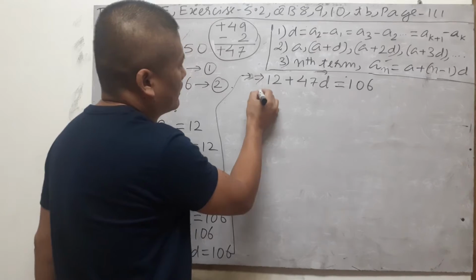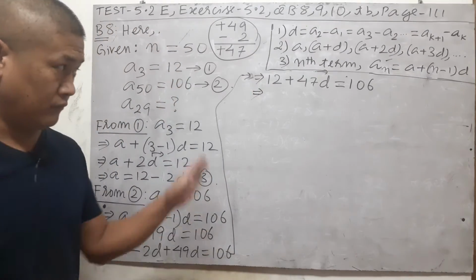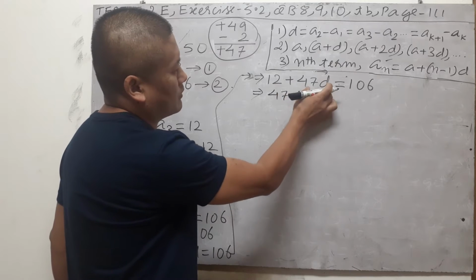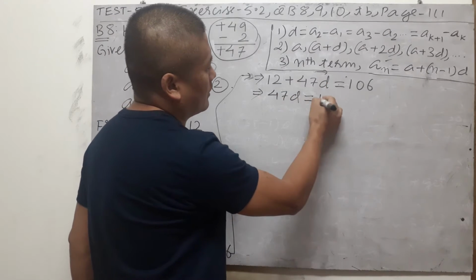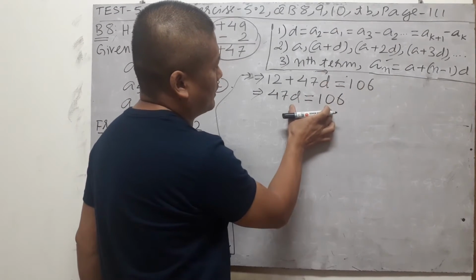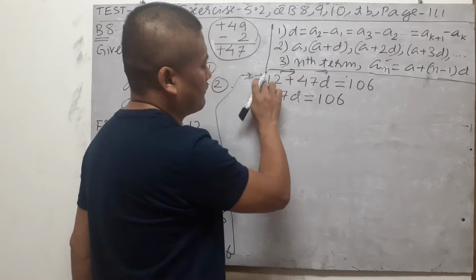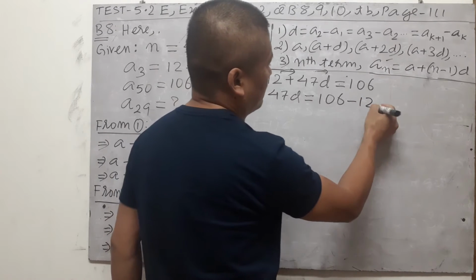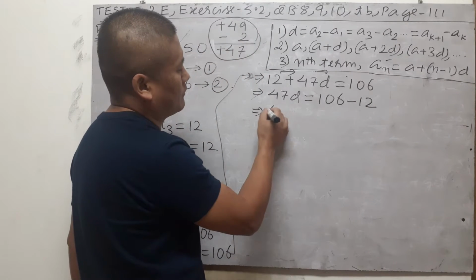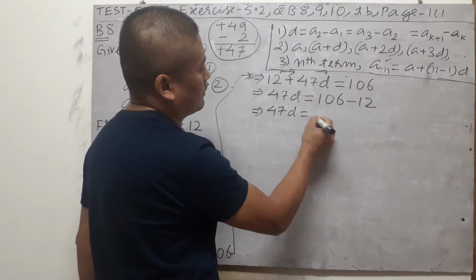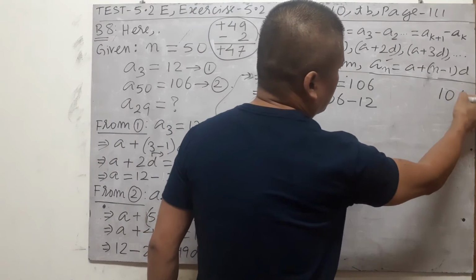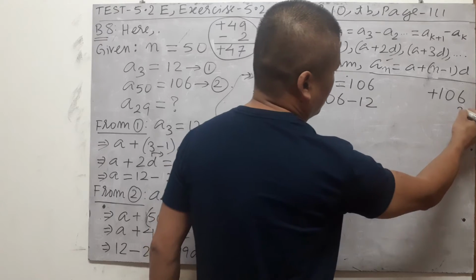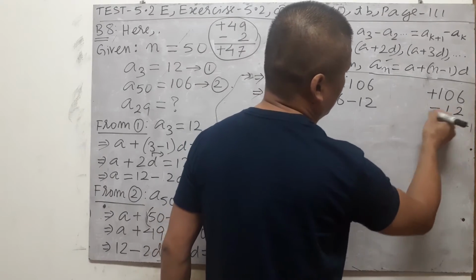So just go through the simplification process carefully and we'll get our answer. So we have here 47D, the term containing D. Just keep it as it is, and shift this 12, with no sign in front meaning plus, to the right side, where it becomes minus 12. So that gives you 47D will be equal to 106, the bigger absolute value having no sign in front, meaning plus, and 12, the smaller absolute value, having a minus sign in front.